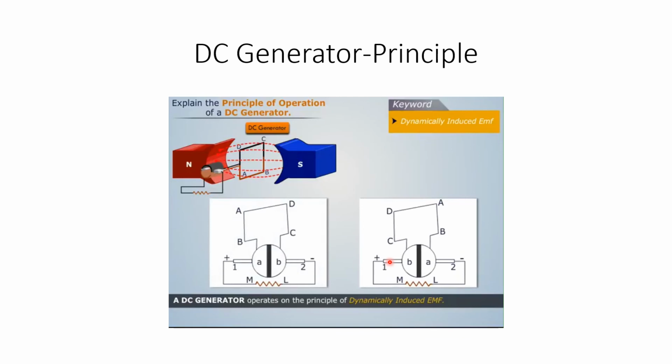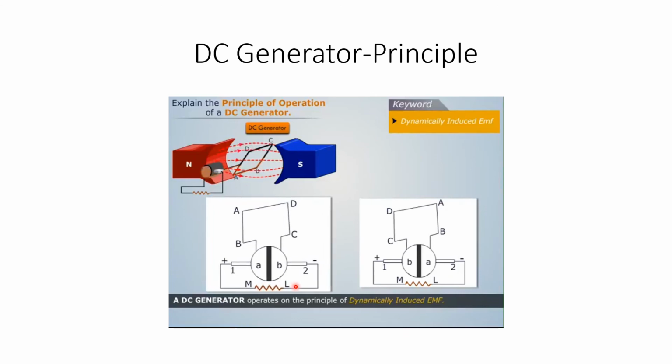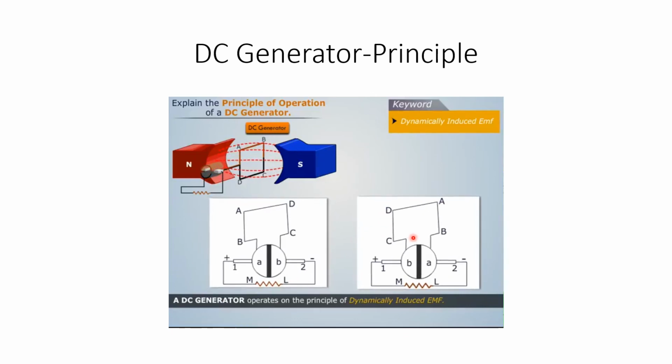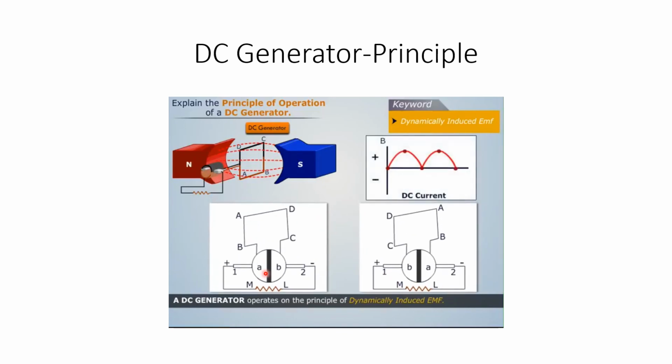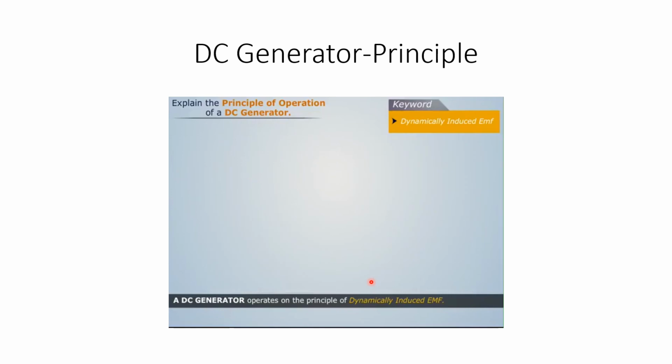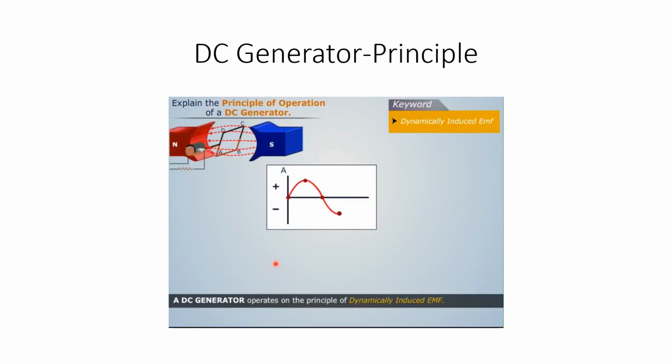For this A, B, C, D slot the current direction is M to L, and for the D, C, B, A slot the current direction is also M to L. So we get DC current because of the commutator action. If you take the commutator out of the DC generator, we will get AC current itself.